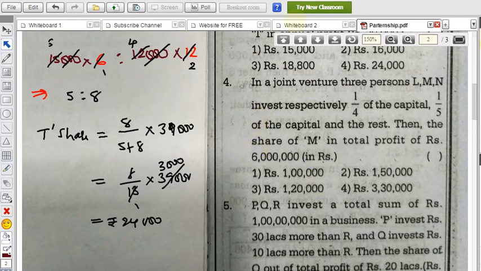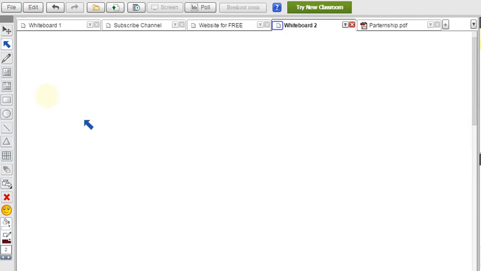Let us take the whiteboard. So we have L, M, and N. Three members whose shares we need to find out. 1 by 4.